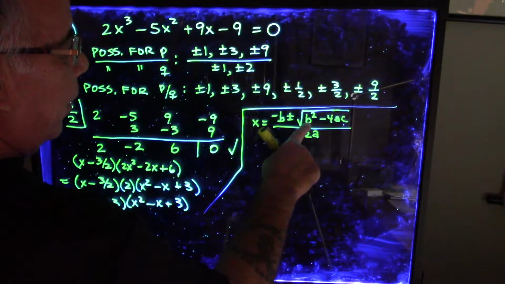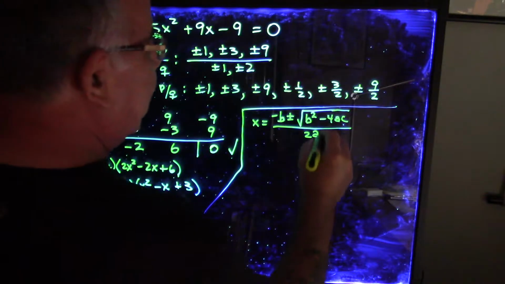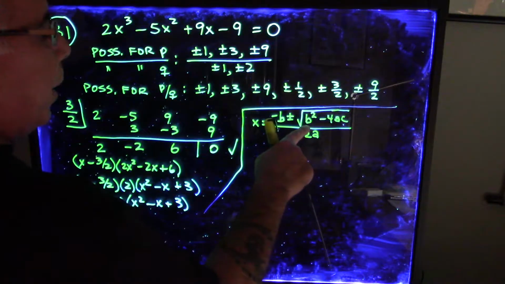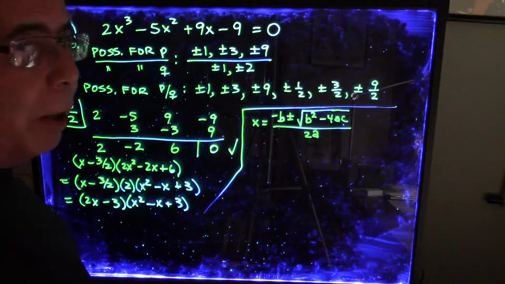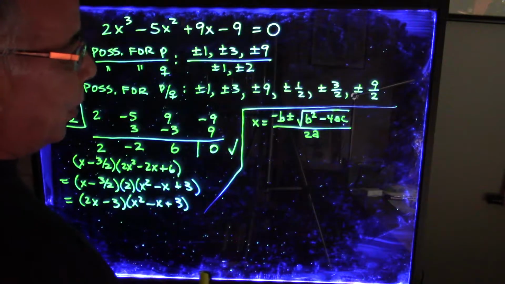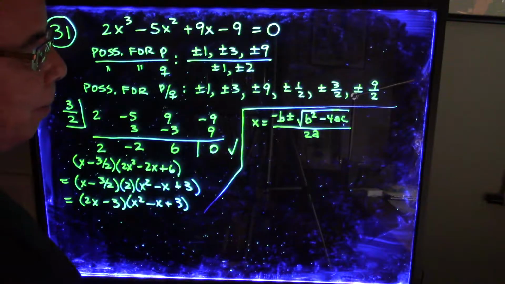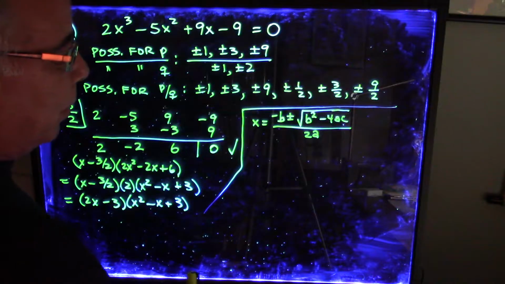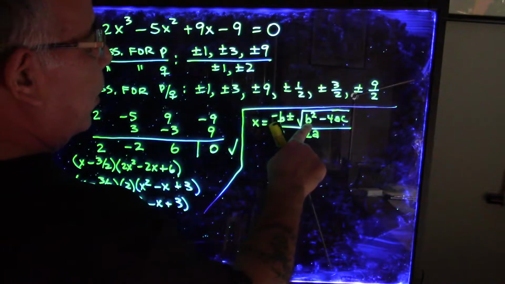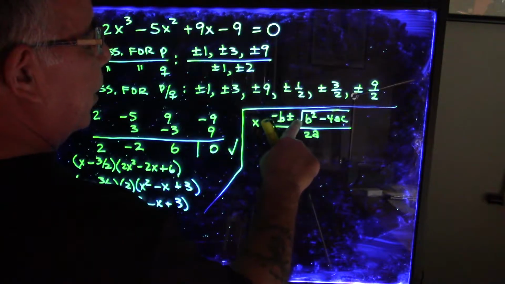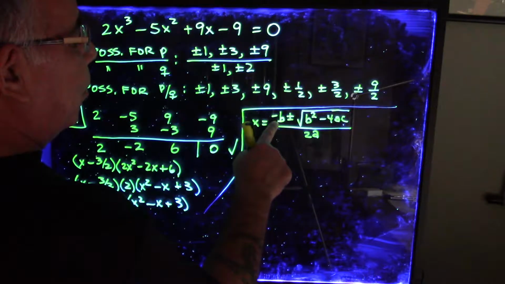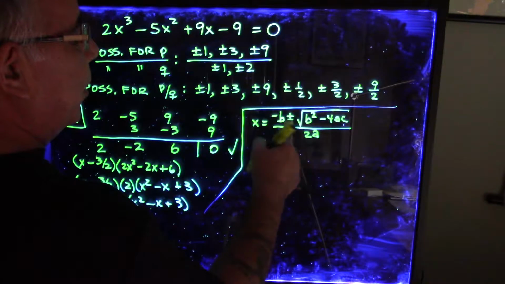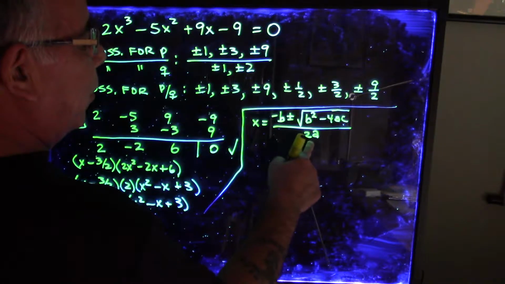You'll note that everything underneath this square root can either be less than 0. If it is, you're taking the square root of a negative number, in which case you're going to have a non-real 0. Alright? Or this could equal 0, in which case you'd be taking square root of 0 is 0. And so the only answer would be -b over 2a, because you'd have -b plus or minus 0, which is just -b over 2a.